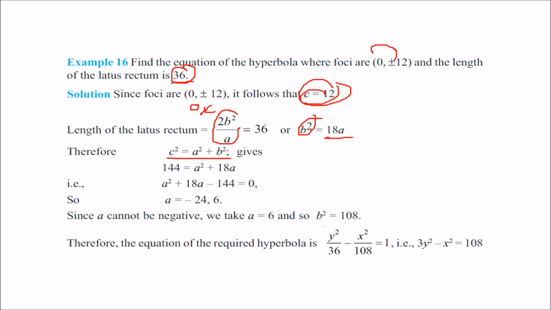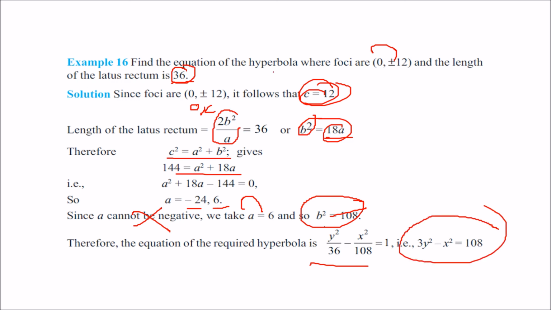Let us place this value c and 18a here and solve this for a. a gets minus 24 and 6 if we solve it. a cannot be negative, so we take a equal to 6, and for this we get b square equal to 18 into 6, that will be 108. And this will be your equation if you place it in y square by a square minus x square by b square equal to 1. And this is the normal form.